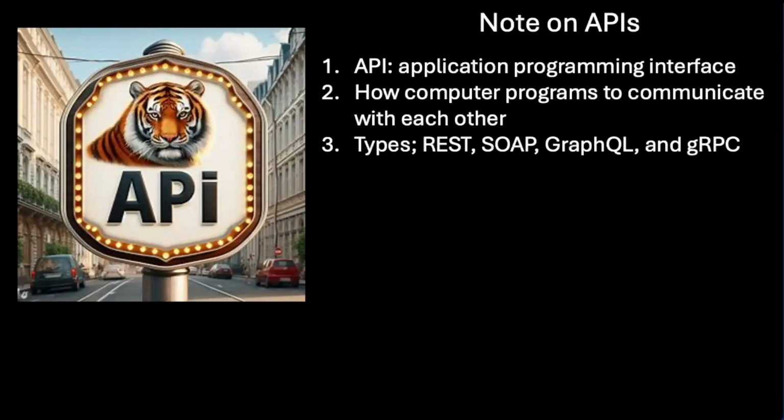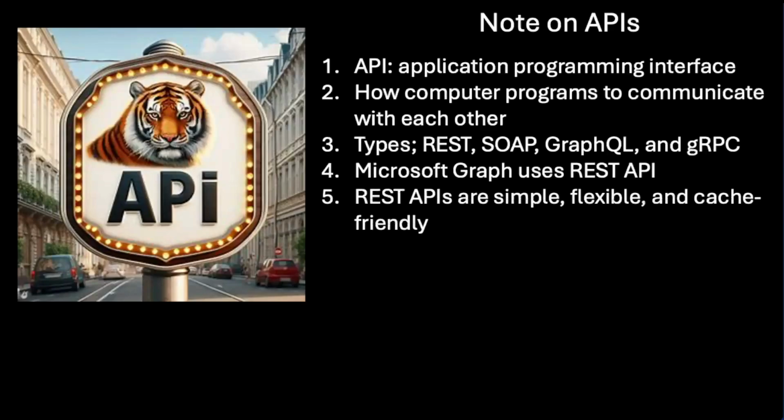I'm most familiar with REST and SOAP, but there's GraphQL and gRPC, for example. Now, it's very important to know that Microsoft Graph uses the REST API. And why does it use the REST API? Well, first of all, it's a very simple API to use and configure. It's flexible and it's cache friendly. And that's the key right there, being able to cache data.